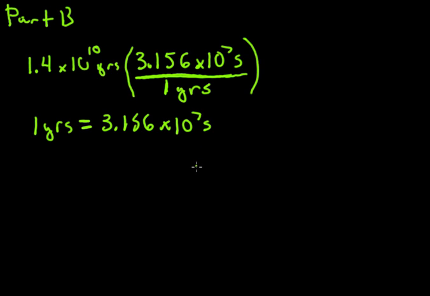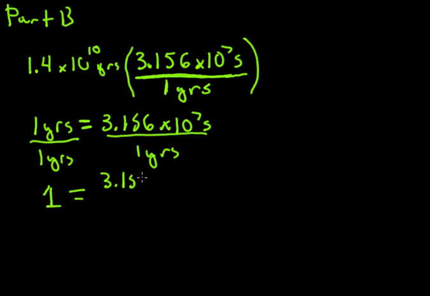If I divide both sides by 1 year, this front part becomes 1, because anything divided by itself becomes 1, and the second part becomes our conversion ratio. It becomes a factor that we can multiply by things to convert.